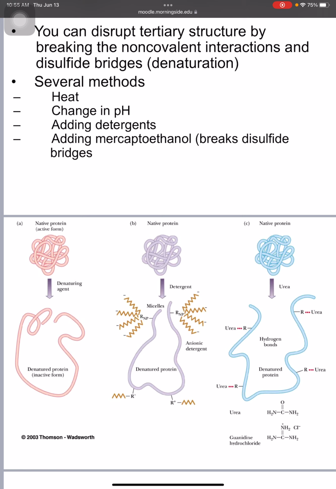You break hydrogen bonds, dipole-dipole interactions, van der Waals forces. Also, you can disrupt electrostatic interactions by adding acid or base to either take away or add charge.